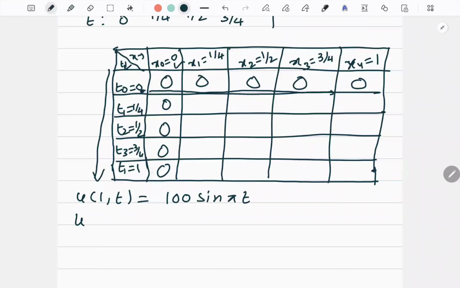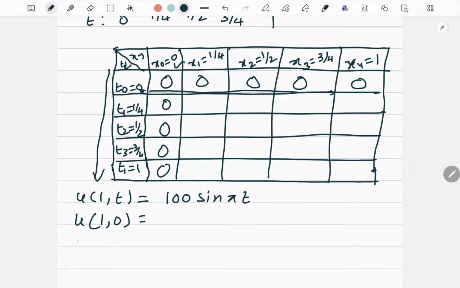Okay. So now I'll put different values of t. 1 comma 0. So when t is 0 and x is 1. Right. Now you have to understand that t values are like 1 by 4, 1 by 2, 3 by 4 and 1.